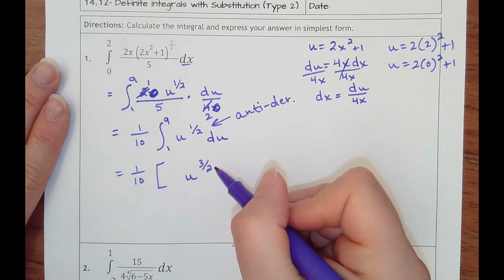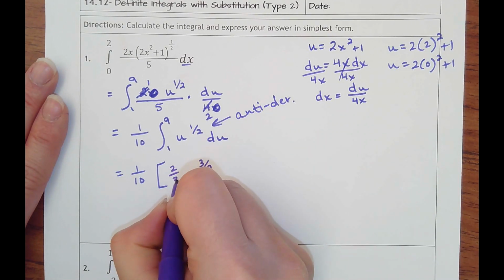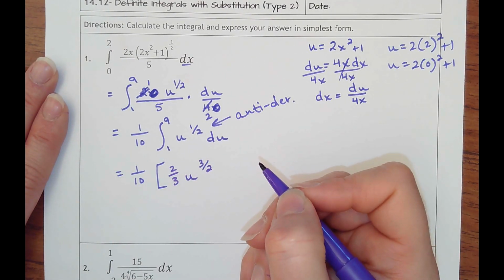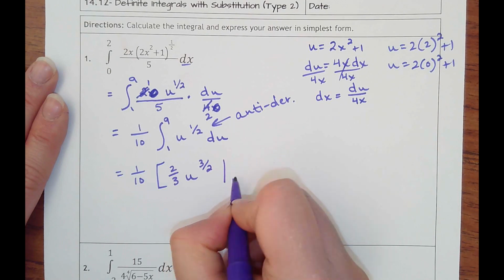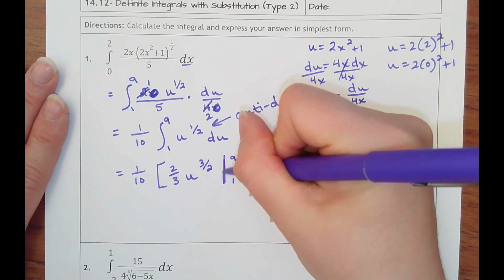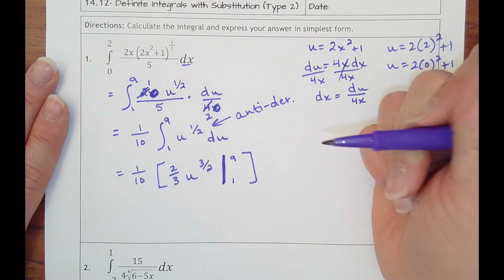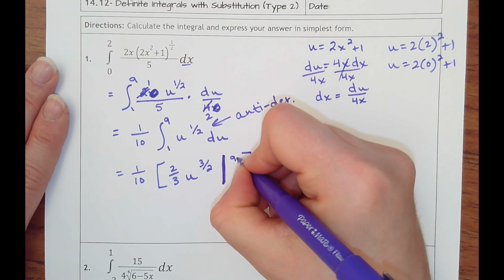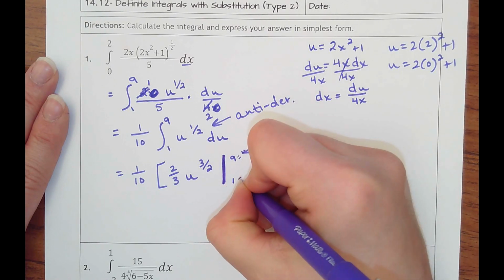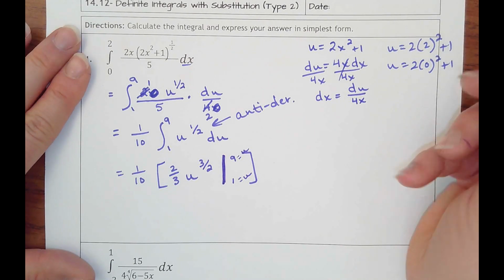But then I need to divide by 3 halves or multiply by 2/3. And then I'm doing that from 1 to 9. So then I plug in my 9, I plug in my 1. And the reason I can do this is because I know these are u values, so I can sub them in for u. If you weren't going to change the 0 and 2, you couldn't do this.